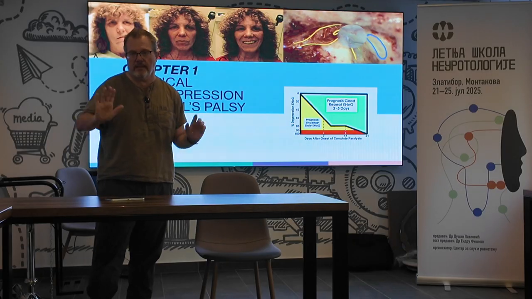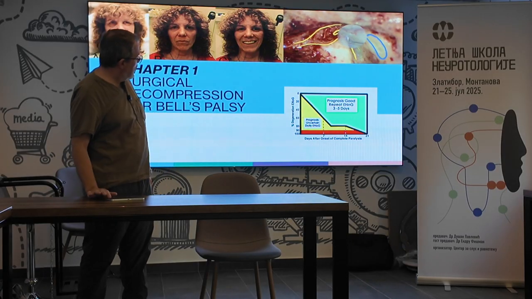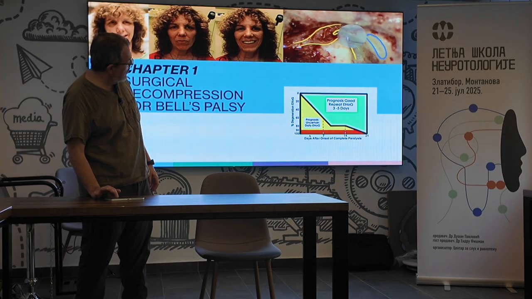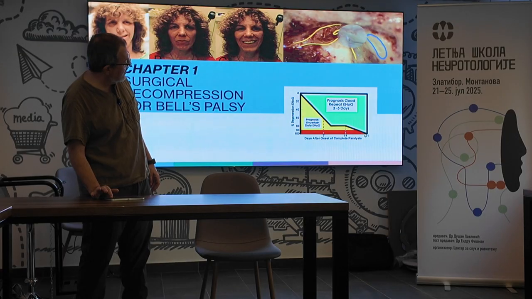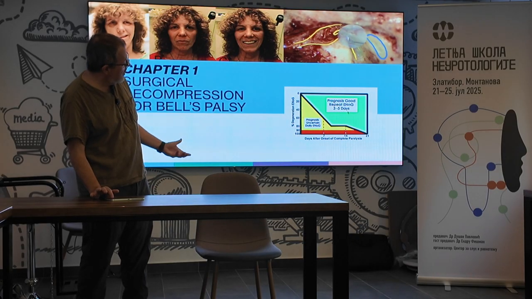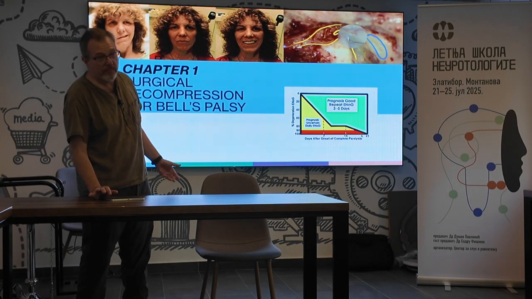So you don't need to do any decompression. But if you test them, and this is the graph of how severely degenerated it would be after a certain number of days. So we go up 1 week, 2 weeks, and 21 days. If the patient still has, let's say, 40% at 14 days, you just repeat it in another few days to see that it doesn't completely drop.